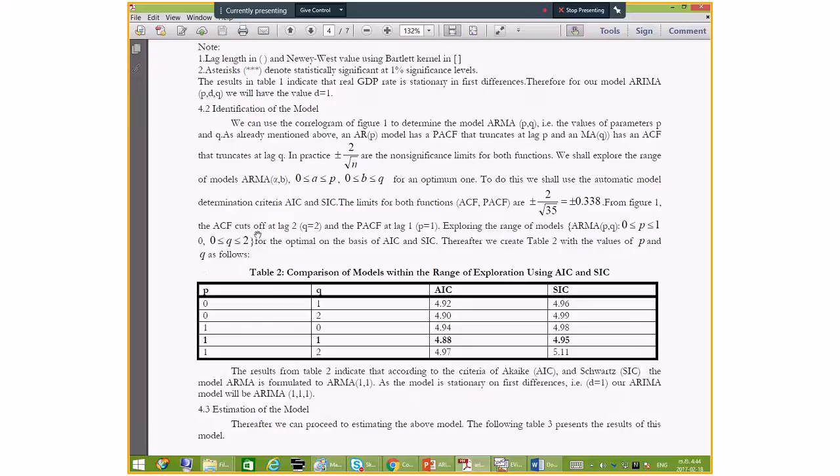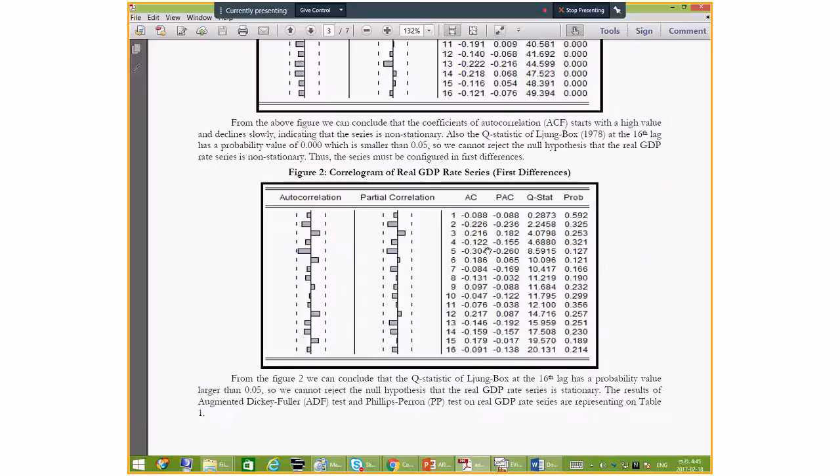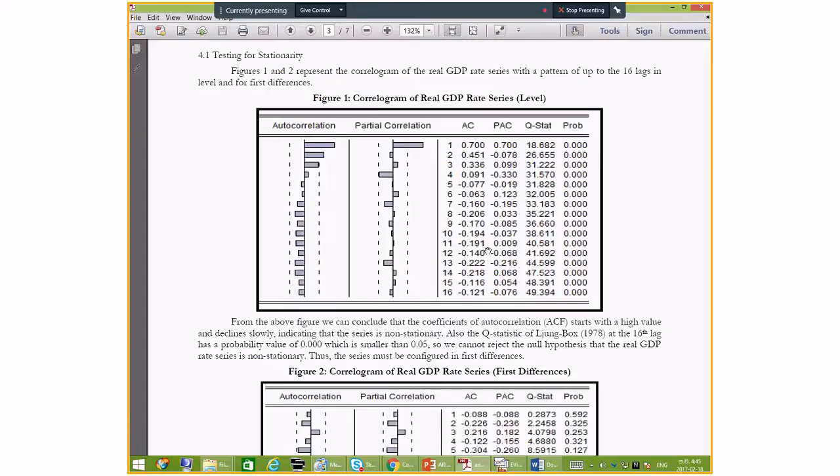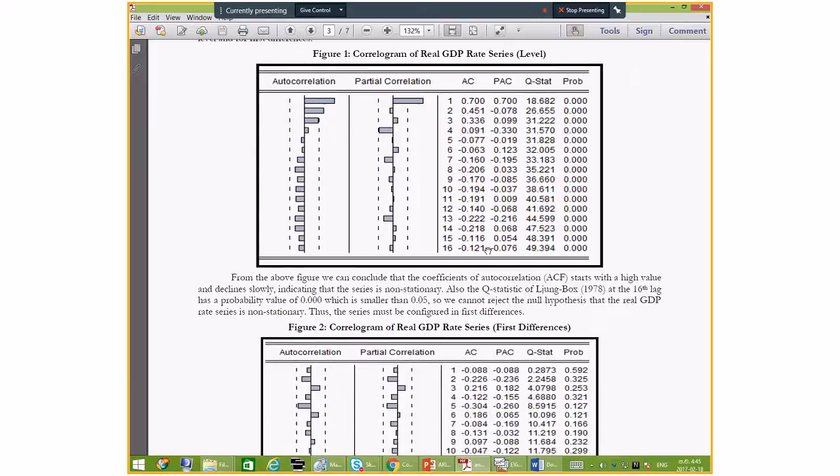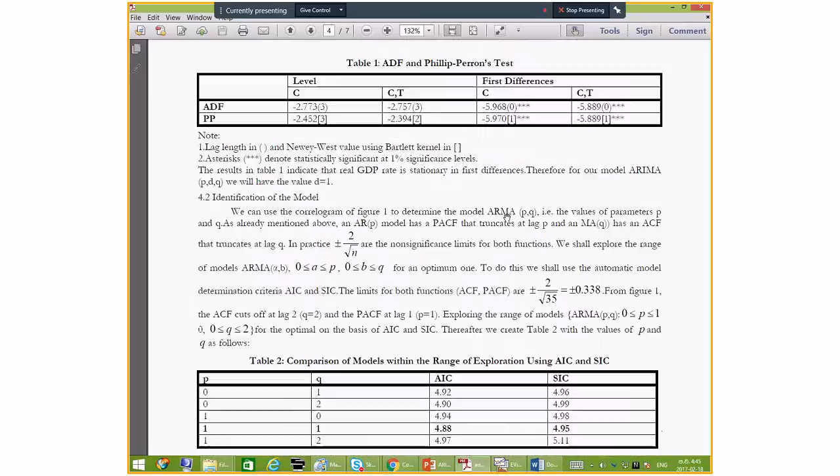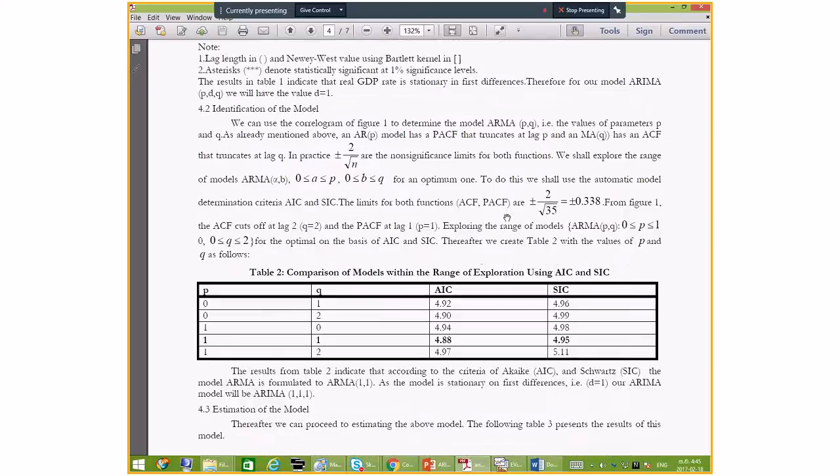The ACF cuts off at lag 2. This value is greater than the 0.338 limit at lag 1.